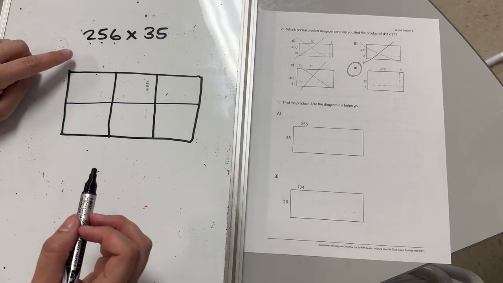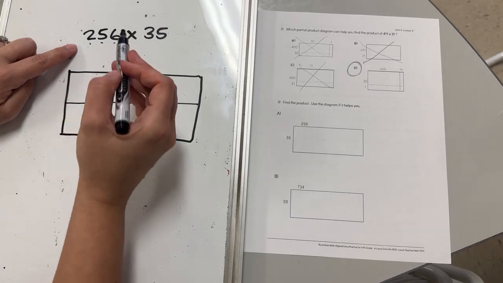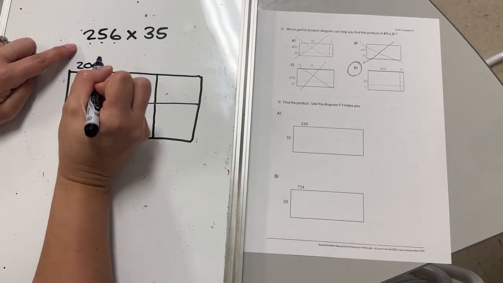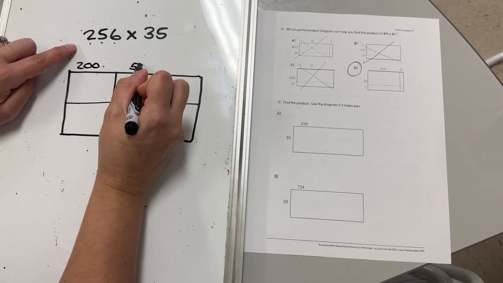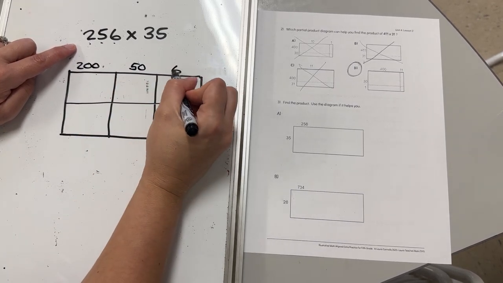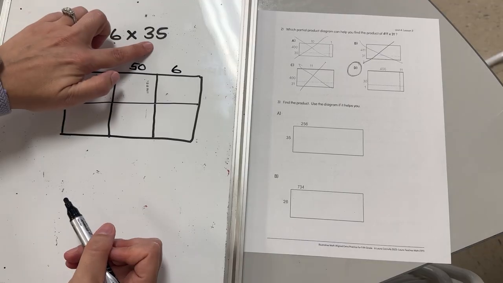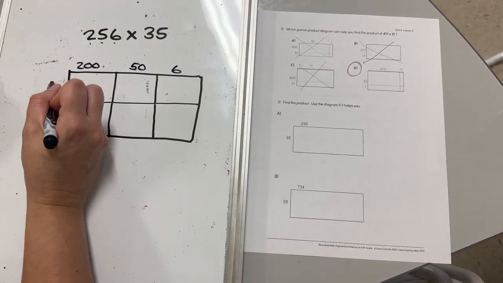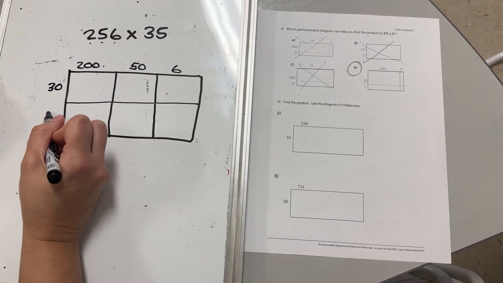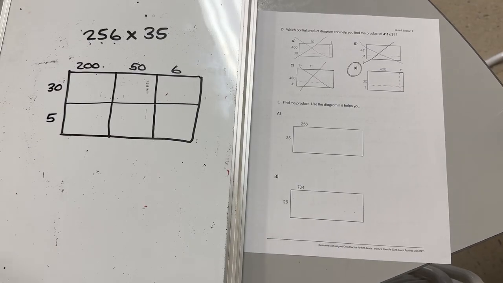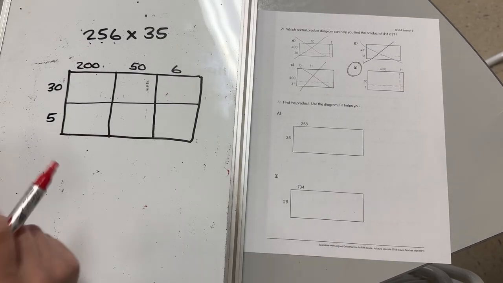Now I can decompose. 256 becomes 200, 50, and 6. 35 becomes 30 and 5. Now I can multiply.